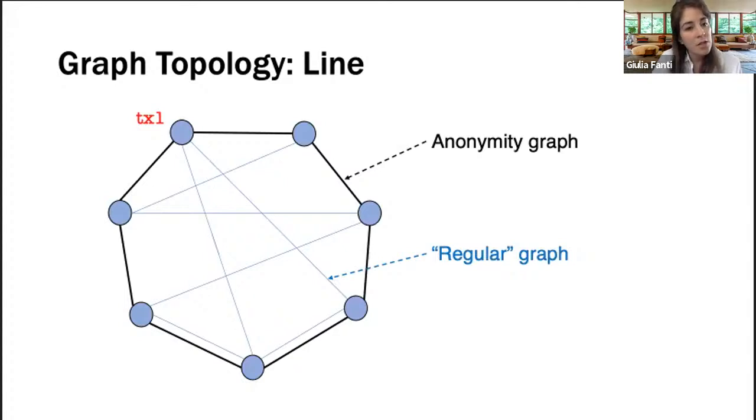So if a transaction 1, TX1, comes in at this node, it's going to propagate for a random number of hops over this black anonymity graph, which is a cycle, until it starts the spreading phase. And then it starts diffusing over the regular peer-to-peer edges. Similarly, if a second transaction comes in, here TX2, it's going to propagate clockwise over this same anonymity graph for a random number of hops until it starts diffusing as well.